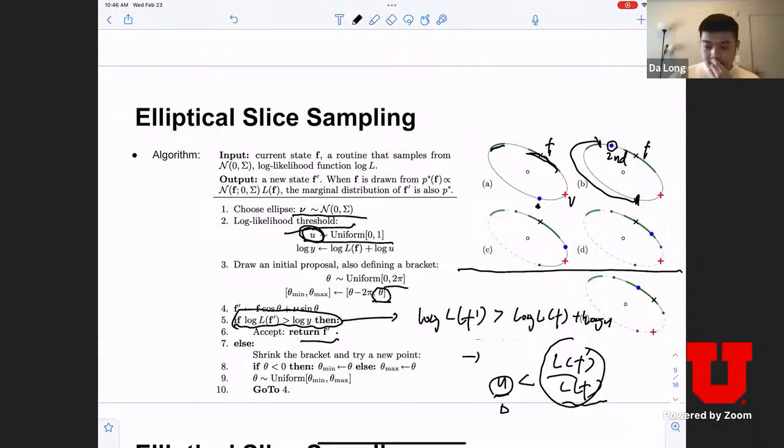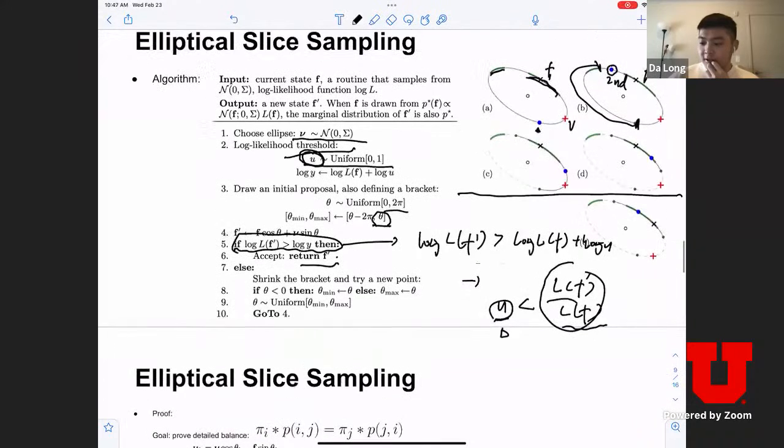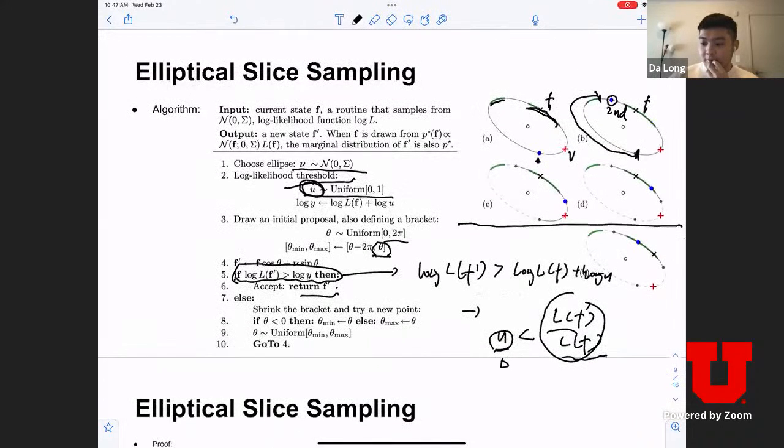They keep adjusting theta, or rather adjusting the bound of theta. Later I will give the proof of detailed balance. Detailed balance is satisfied, so it's a valid sampling. Let us look at the detailed balance part.